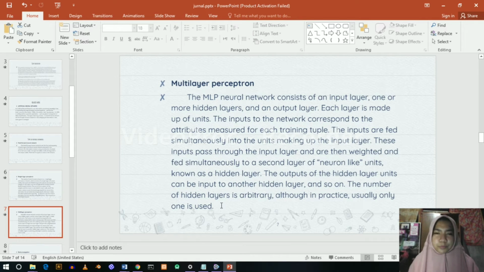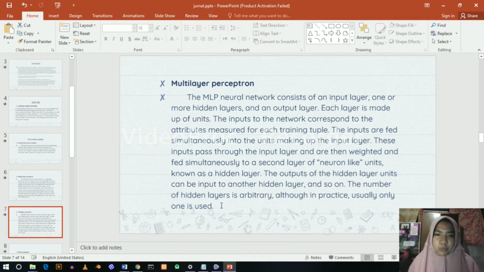Next, multilayer perceptron. The multilayer neural network consists of an input layer, one or more hidden layers, and an output layer. Each layer is made up of units. The input to the network corresponds to the attributes measured for its training tuple. The inputs are fed simultaneously into the units making up the input layer.